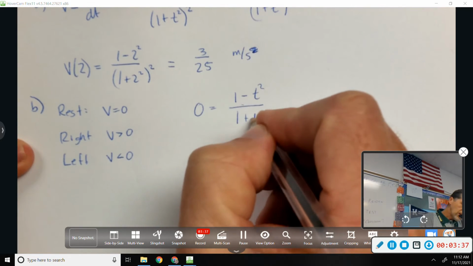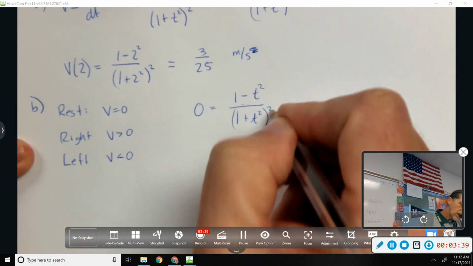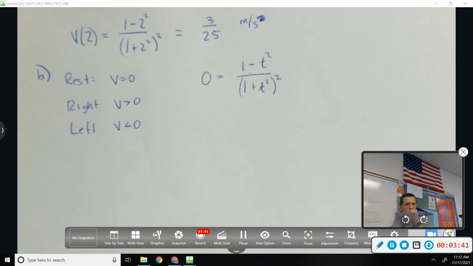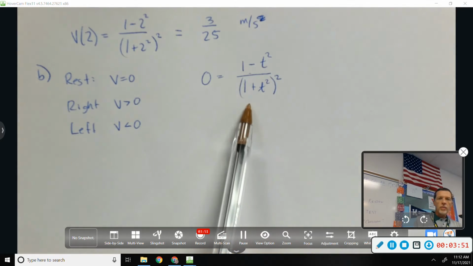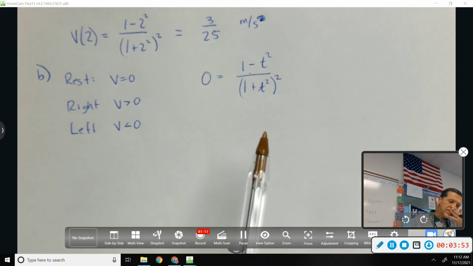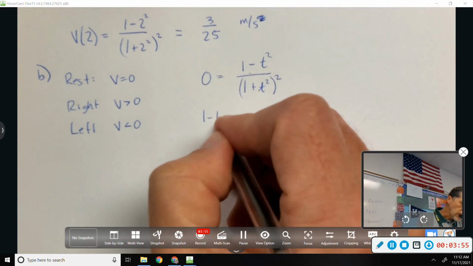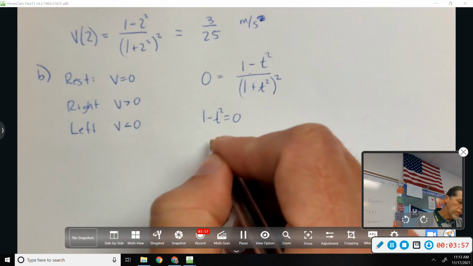And then I can set up the number line. Actually, I could put this on the calculator as well and figure out where it's positive and negative. What makes a fraction 0? The top or the bottom? Top. Just the top. So I'm not really worried about the bottom.